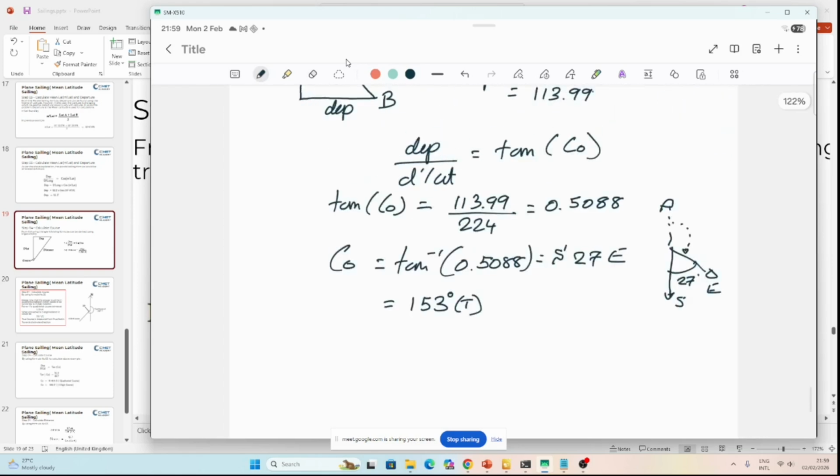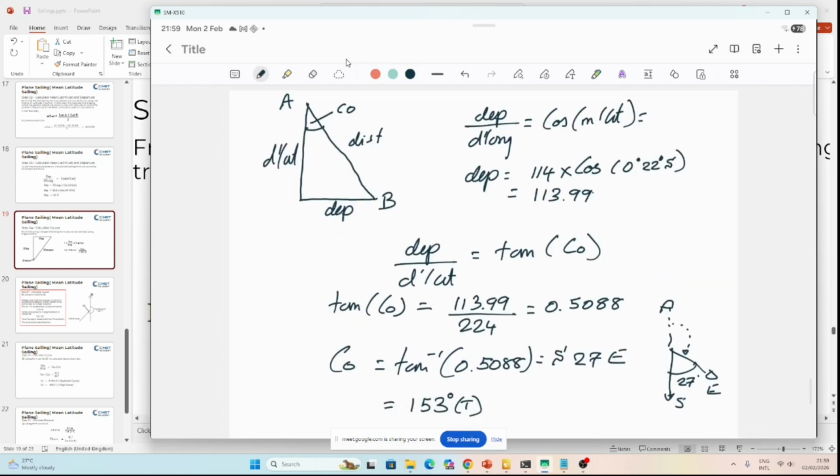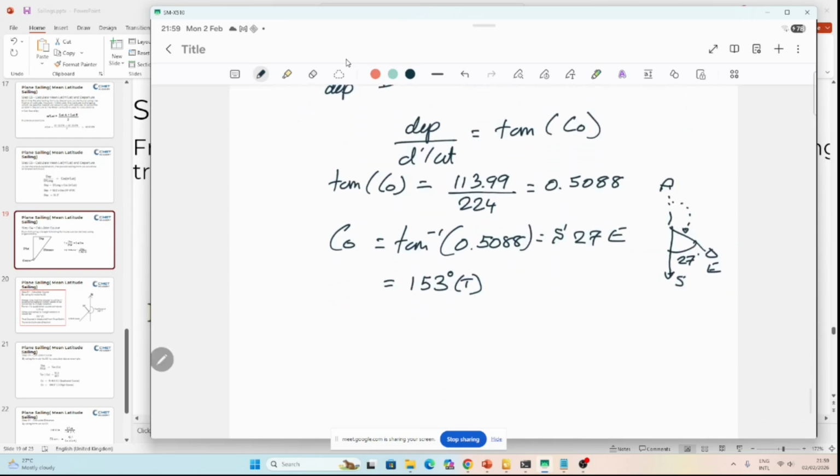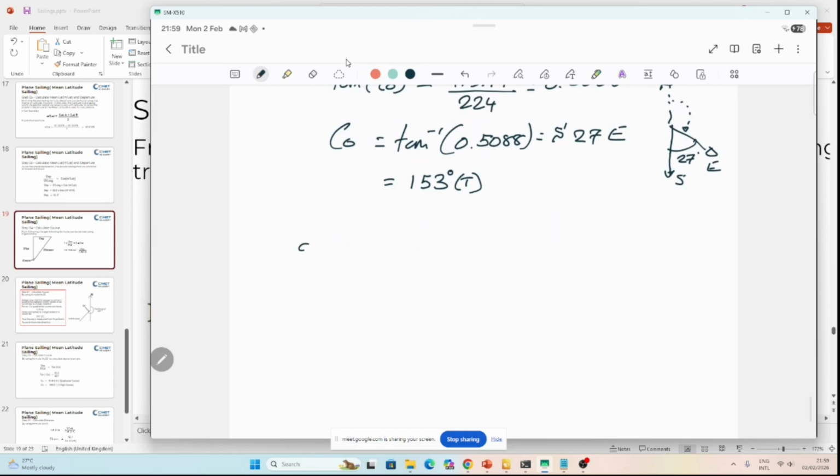Then what else do we need? We need the distance. So for the distance, you can say d lat divided by distance equals cos course.